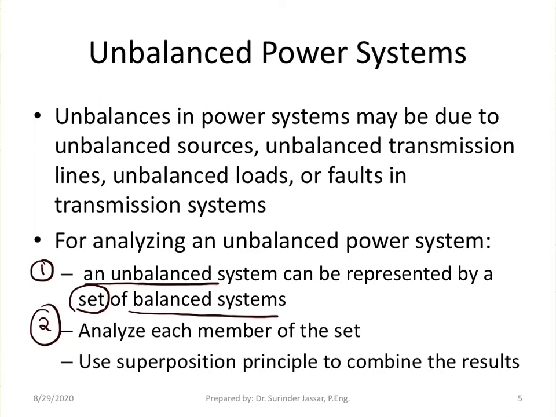So whatever set of balanced systems we have, you complete the analysis for that. The third is to use the principle of superposition to combine the results of all the sets into one. Okay, so that's an explanation of how we're going to approach using this method of symmetrical components.